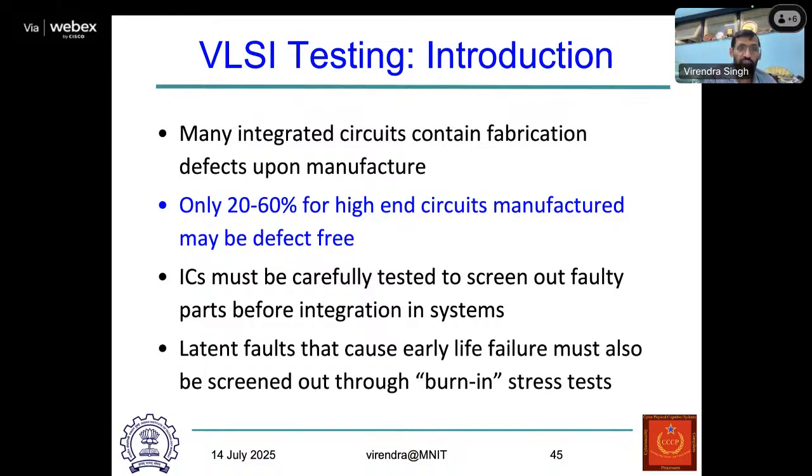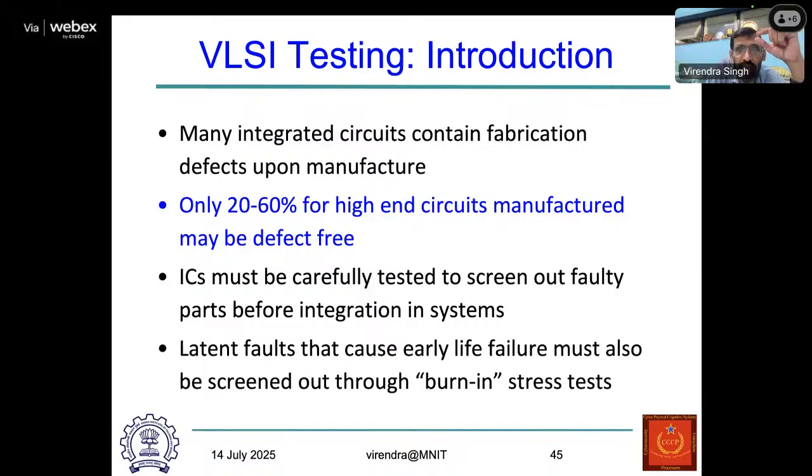So the latent faults that cause early failures are a concern. It is not only the defective parts that you want to weed out, but also those parts which are not defective today but are weak parts. For example, if I draw a line to connect 2 points in the system, that line may not be uniform.